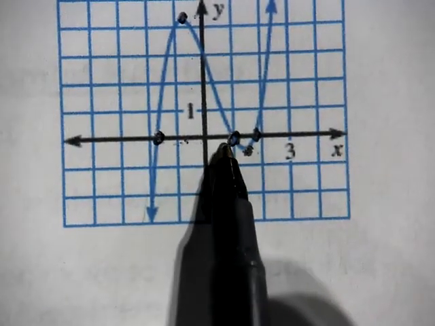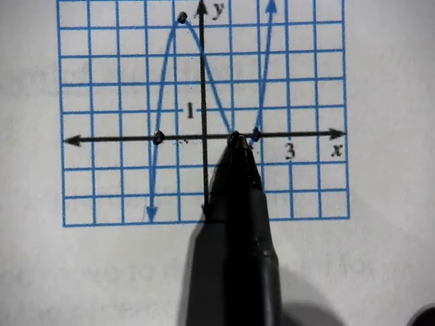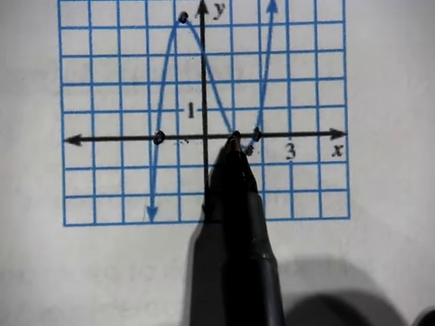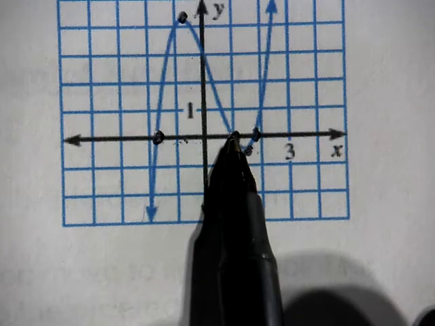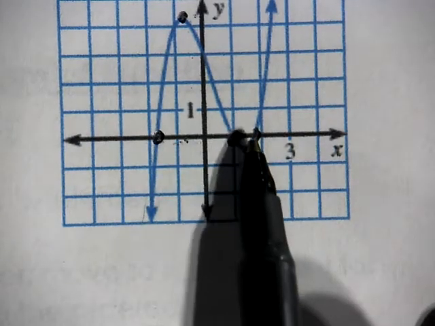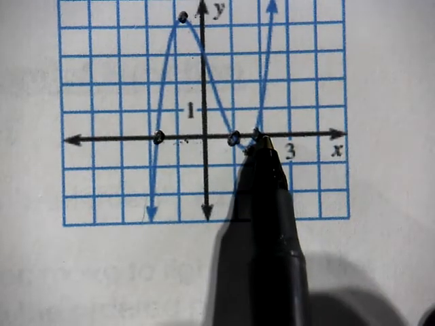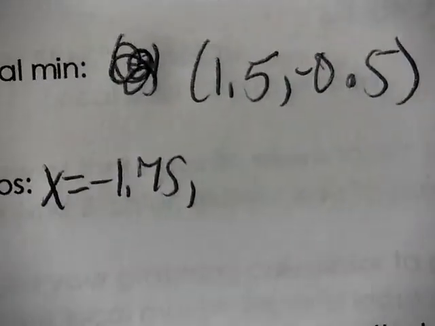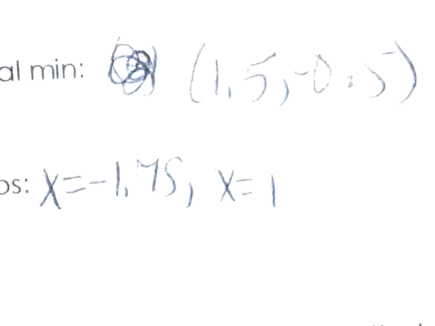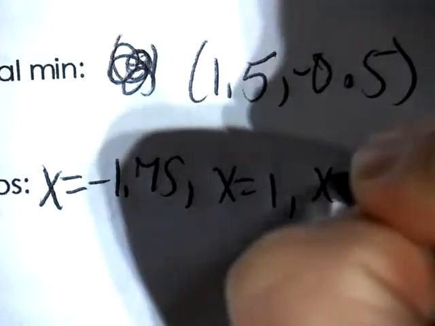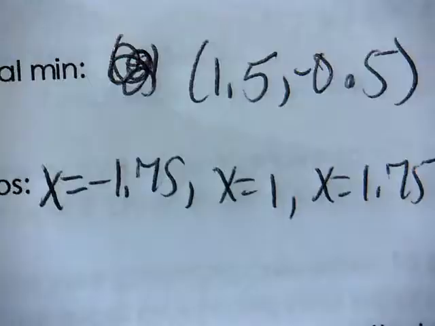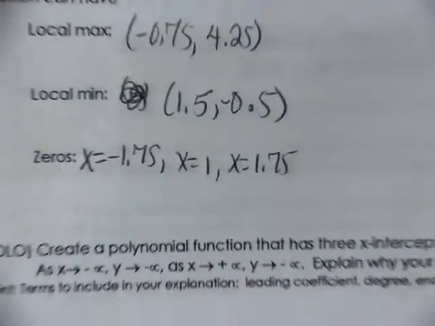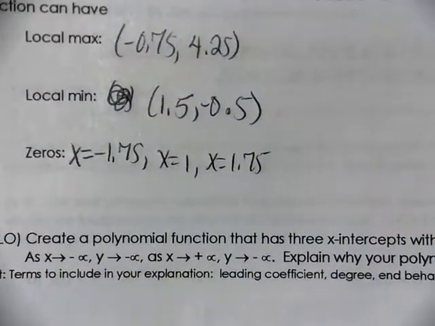It looks like definitely +1. It looks like a zero, so I'm going to write x equals 1. And then we have, looks like just before 2, so maybe 1.75. So I'm going to write x equals 1 and x equals 1.75. And it looks like these are the 3 zeros of our function.